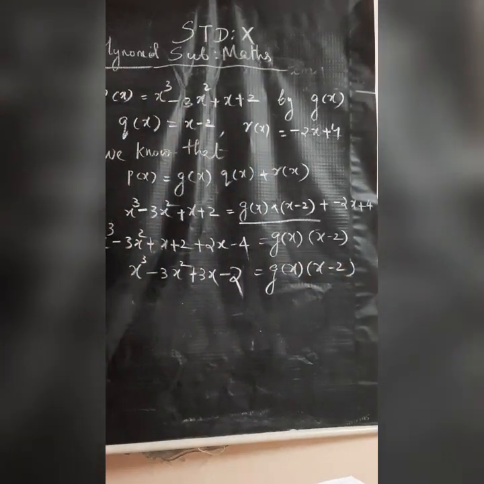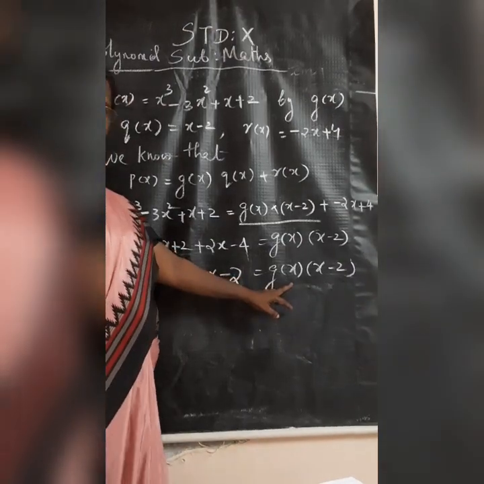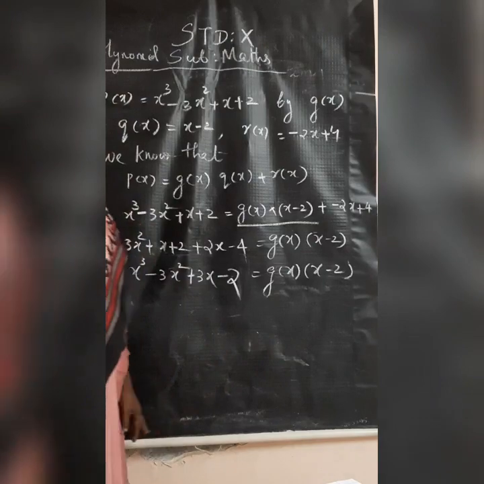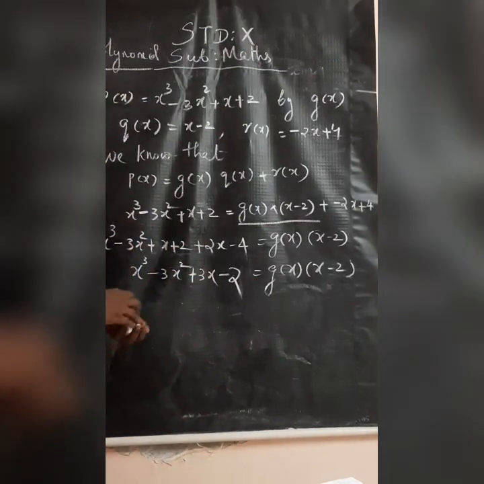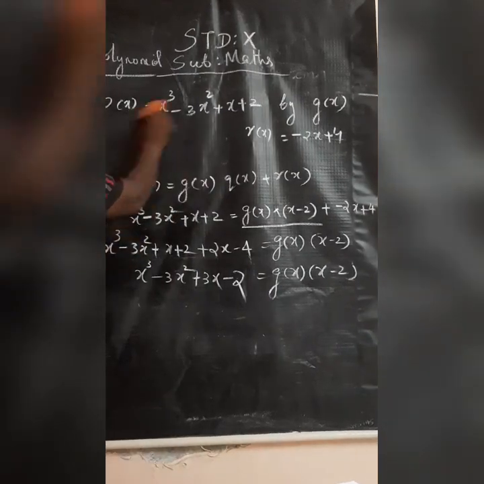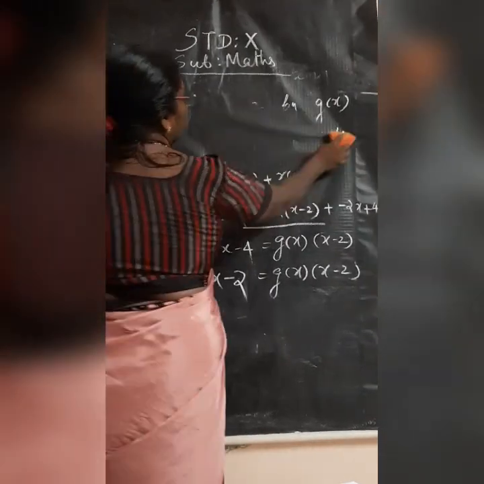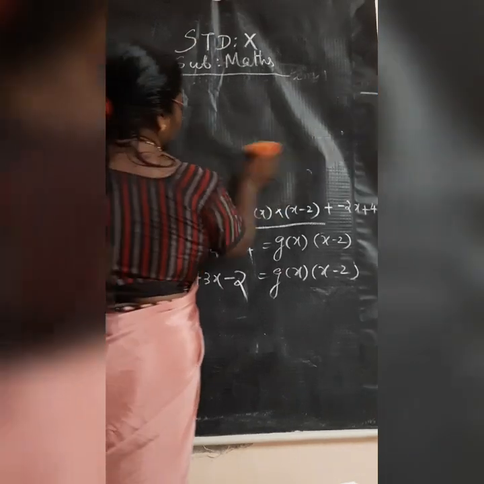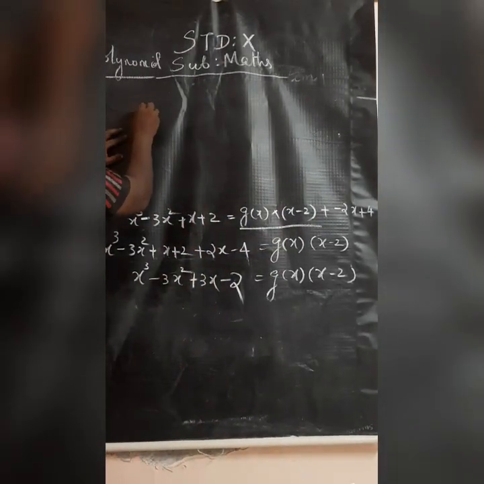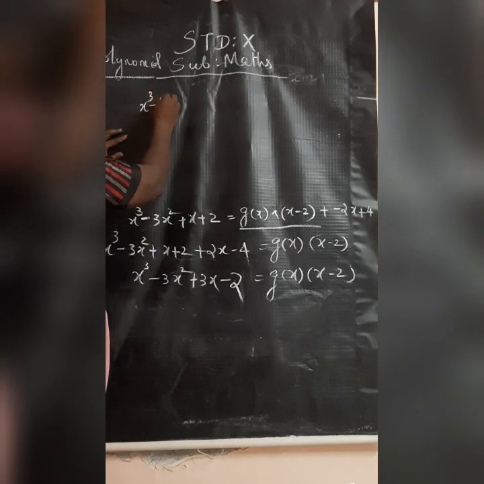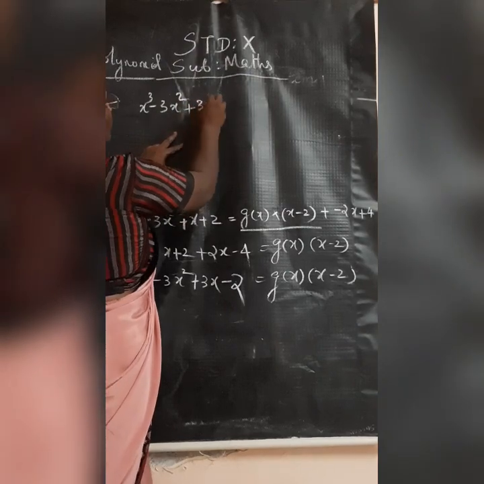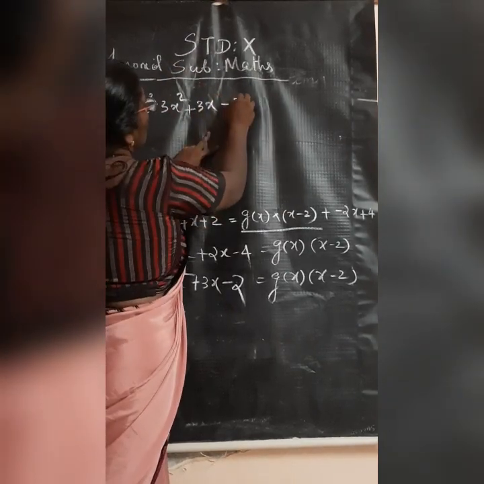Now what is your question? Your question is to find out g of x. How to find out g of x? Along with the g of x, what is there? X minus 2. So x minus 2 divide here. Write along with me. That is equal to x cube minus 3x square plus 3x minus 2.